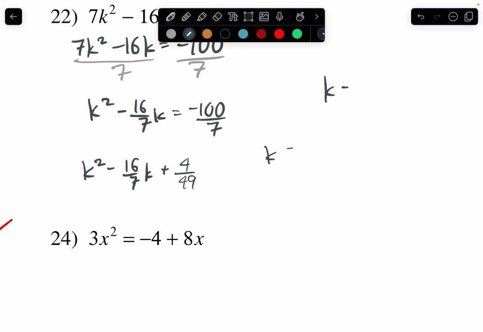Let's see if that works. Wait, 8 over 49.